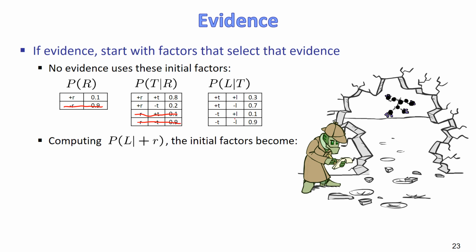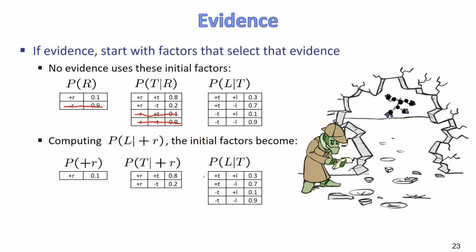We don't have any R here, so we start with these three factors. Notice that that was P of R capital, and now it's P of plus R. This is P of T given R, which was 2 dimensions; now it is 1 dimension, P of T capital given plus R.